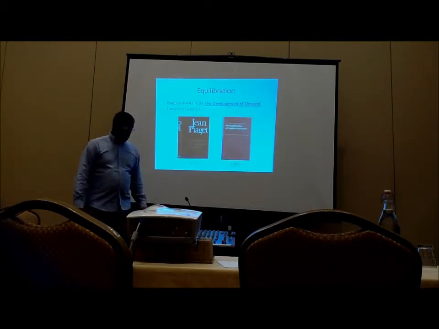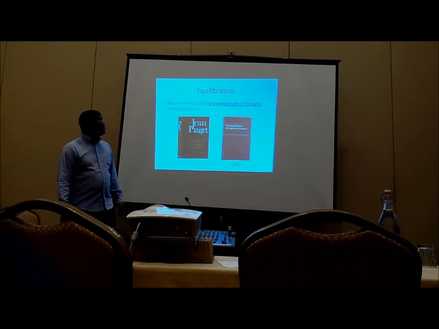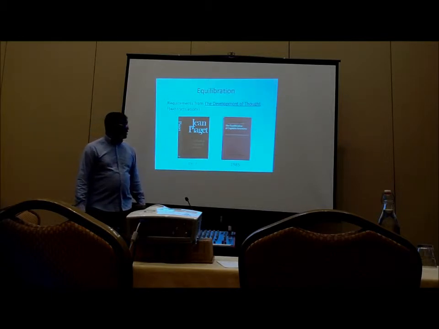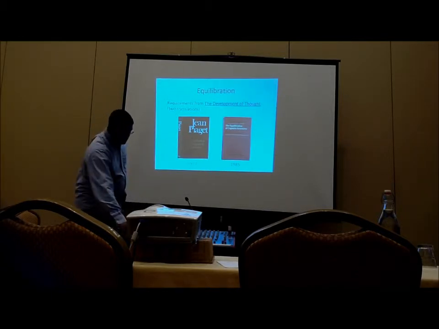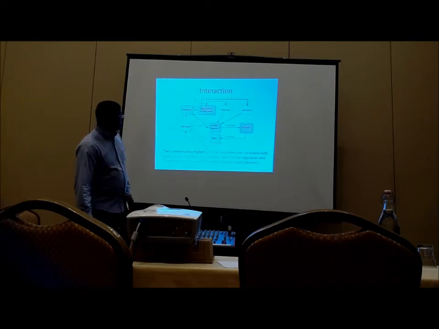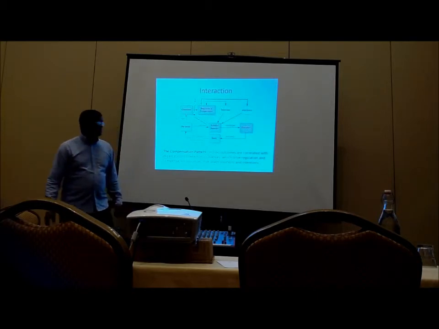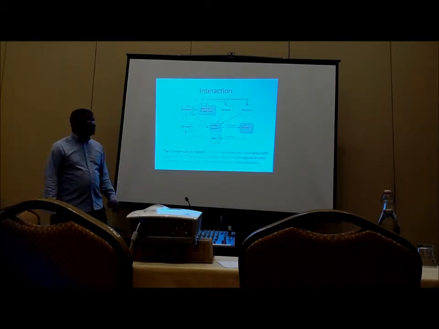So we gathered some requirements from a book called The Development of Thought by Jean Piaget. There are two translations, from 1977 and 1985. And we have a new pattern to add to our agent. This pattern is called the compensation pattern.